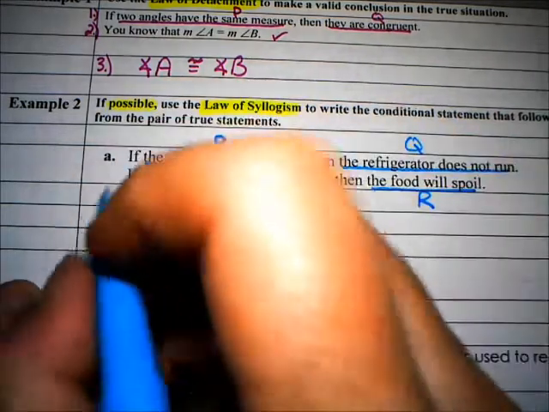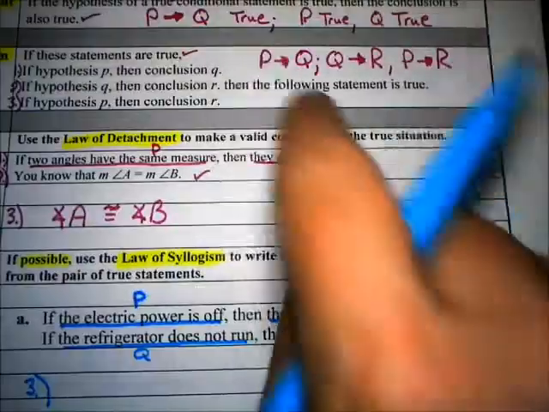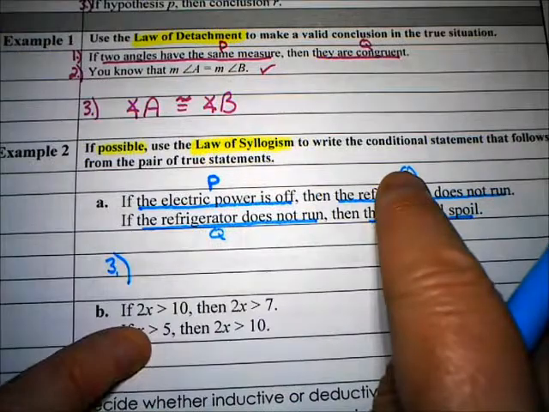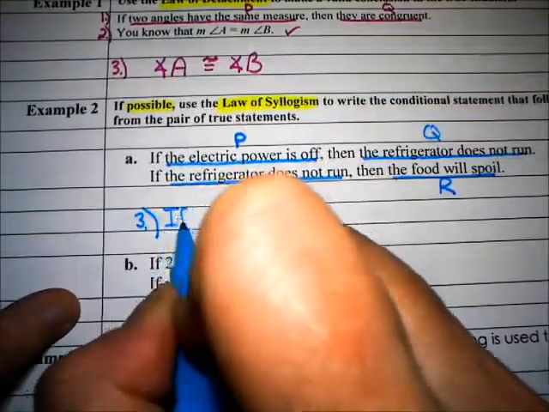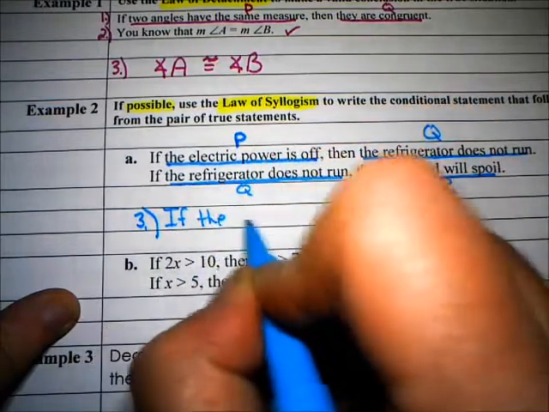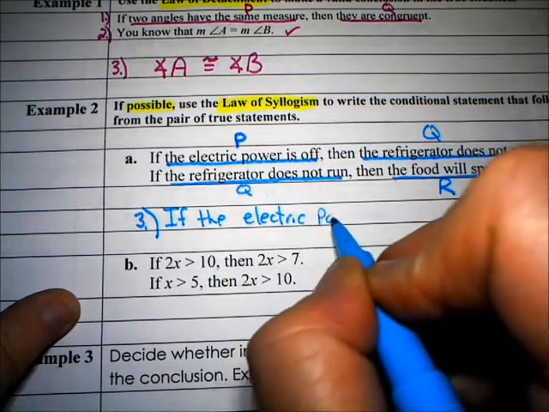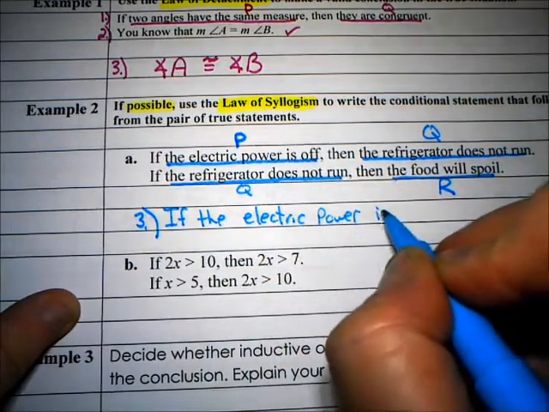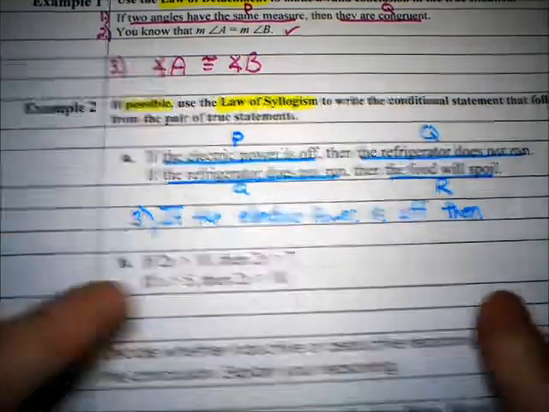I'm noticing P implies Q, Q implies R, then I need to state P implies R. So if the electric power is off, then the food will spoil.